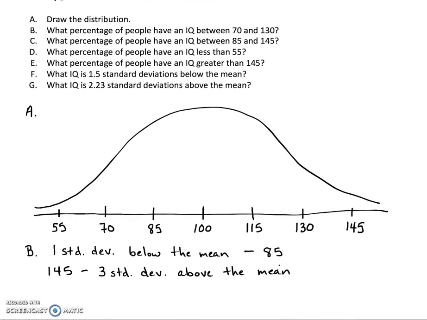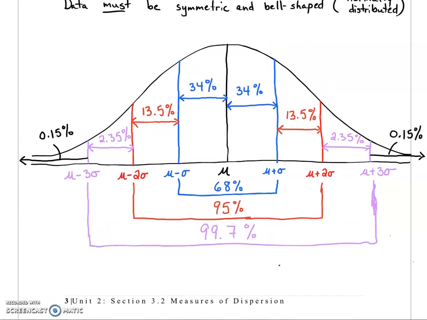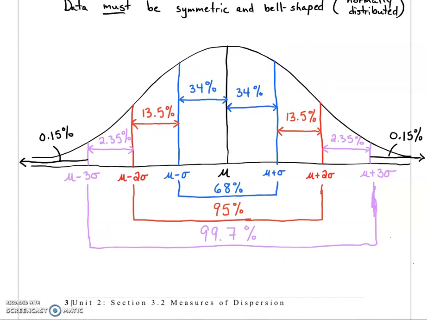So if we go back to our previous picture, we go one standard deviation below the mean, which is right here.